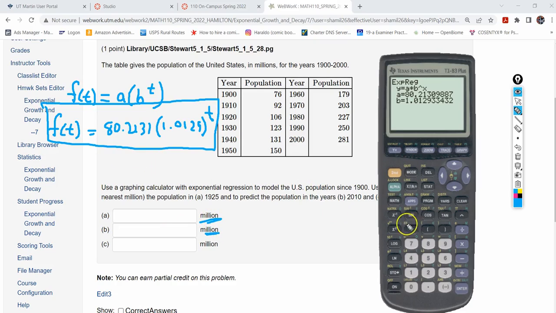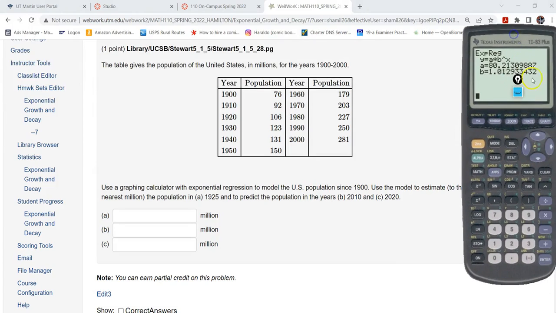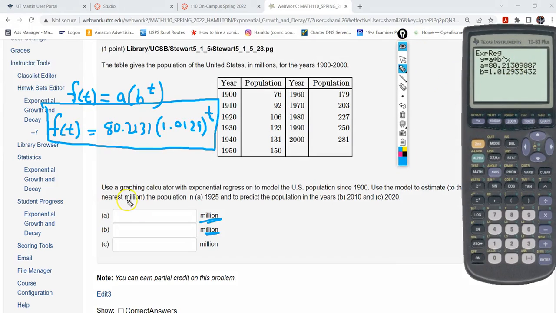Okay, so let me get him just slightly out of the way. Part A wants to know the population in the year 1925. But I have a formula with respect to t, and my time began in the year 1900.